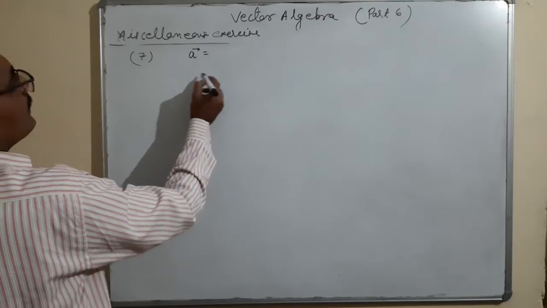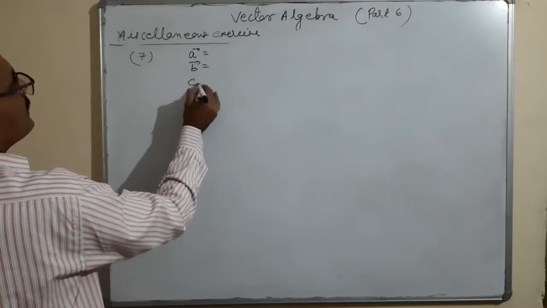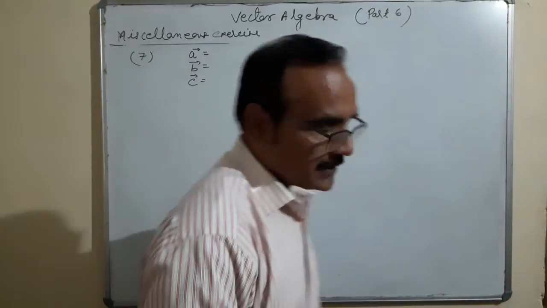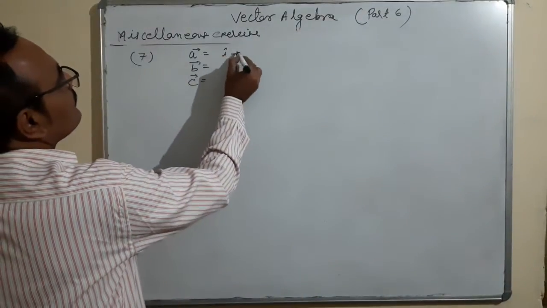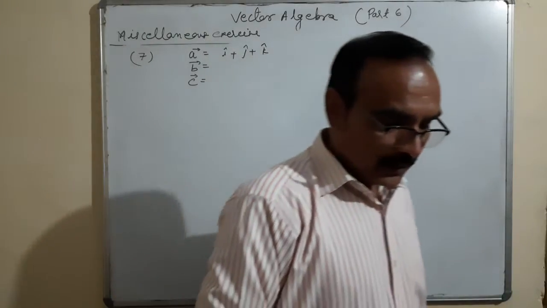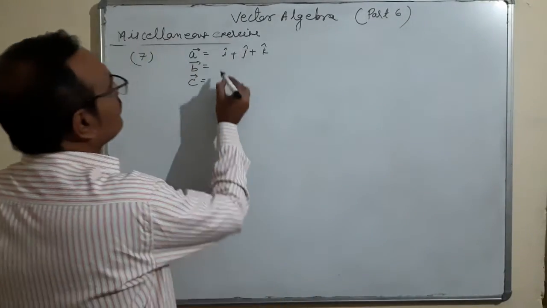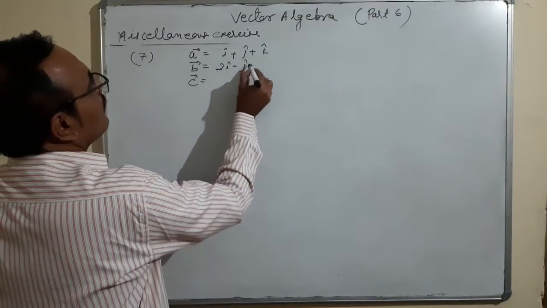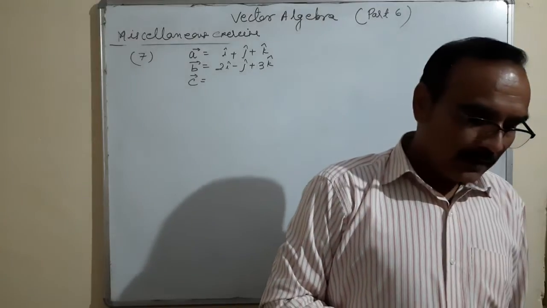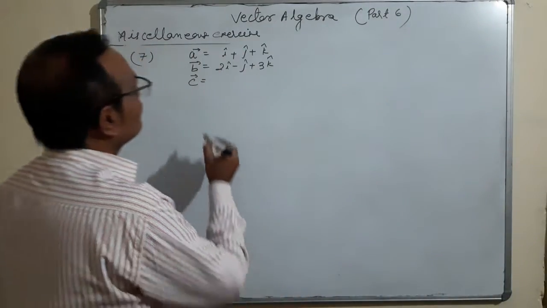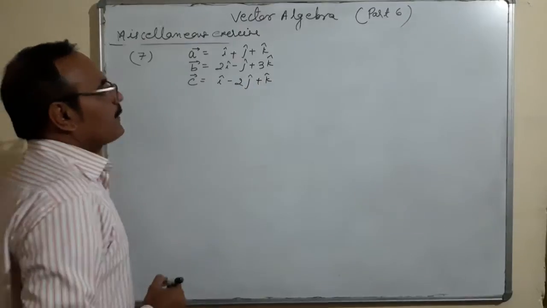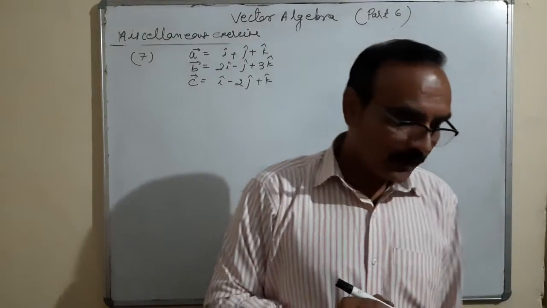Writing the vectors A, B and C: vector A is equal to i plus j plus k, vector B is 2i minus j plus 3k, and vector C is i minus 2j plus k. These are the three vectors given.